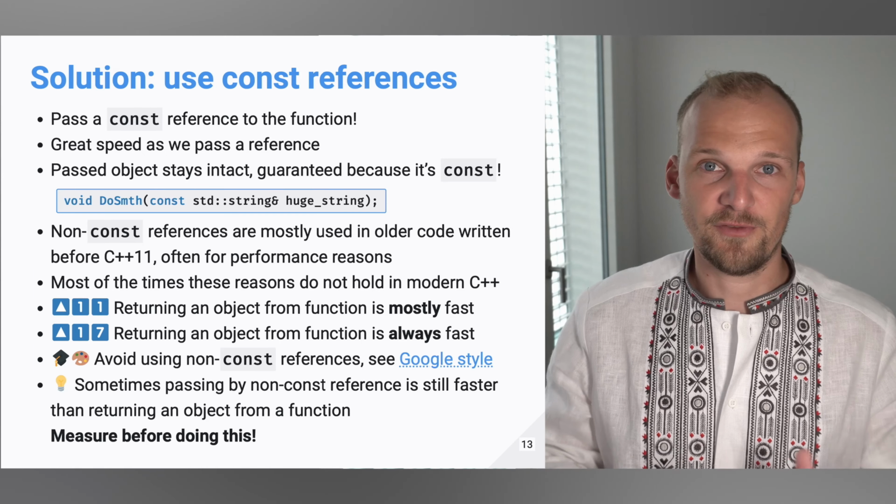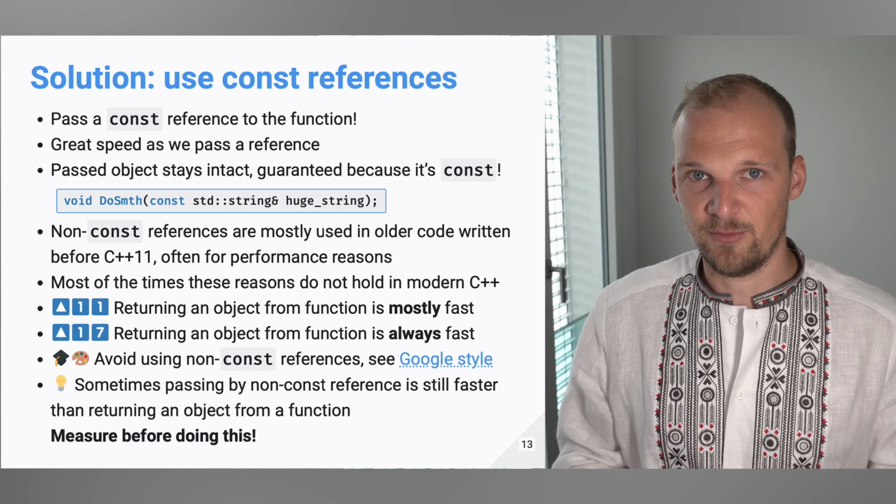Historically, in a lot of code that you will encounter when you work with C++, you will see a lot of places where people actually pass the normal reference and not a const reference. In most of those places, this is some artifact from older C++ times. Before C++11, it would actually take some time to return a big object from a function.